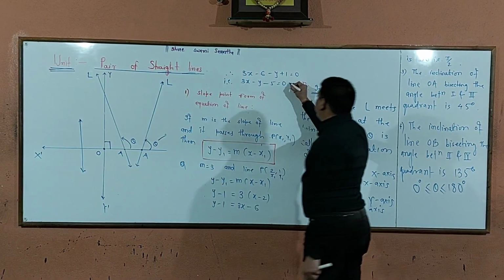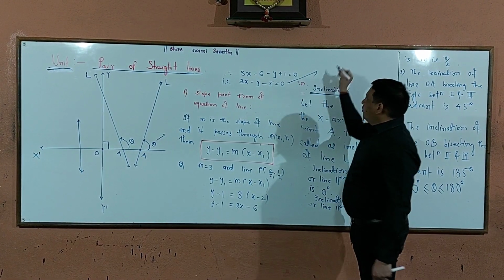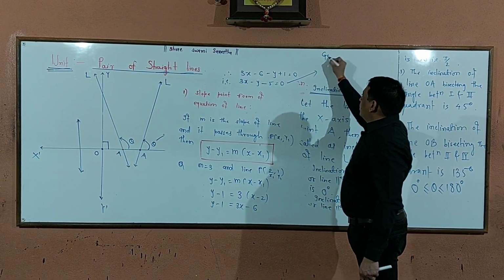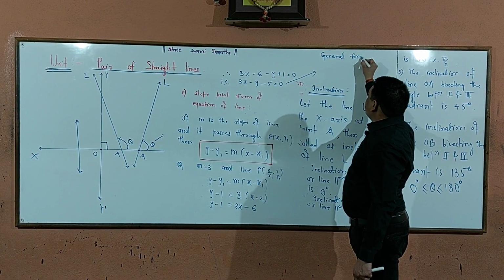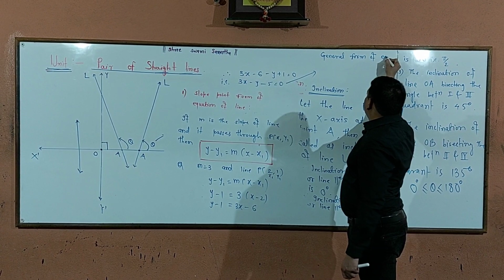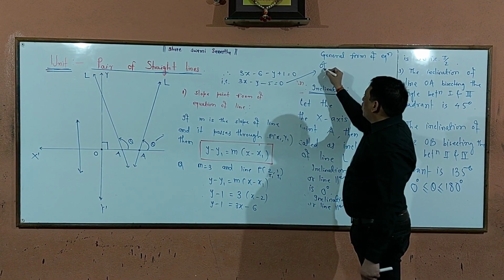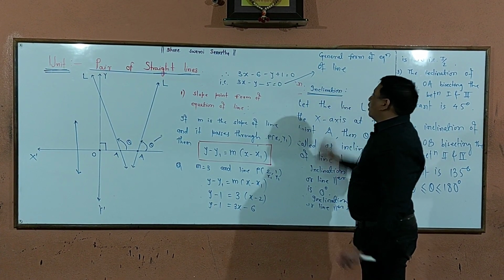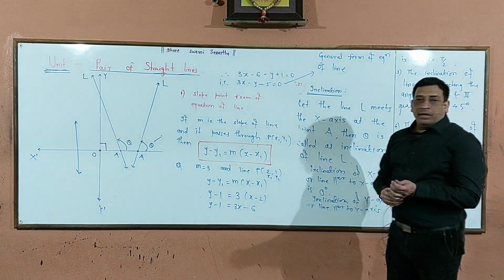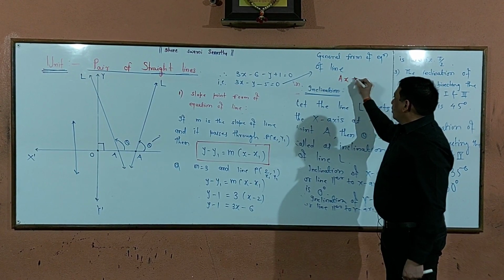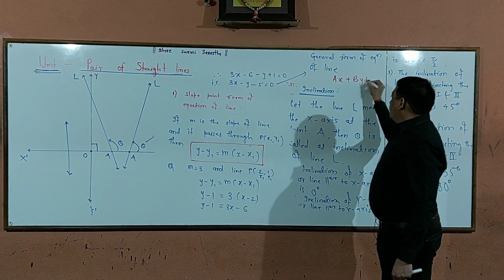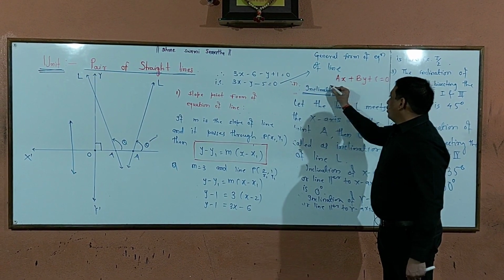And from this, here we write the general form of equation of line: ax plus by plus c is equal to 0.